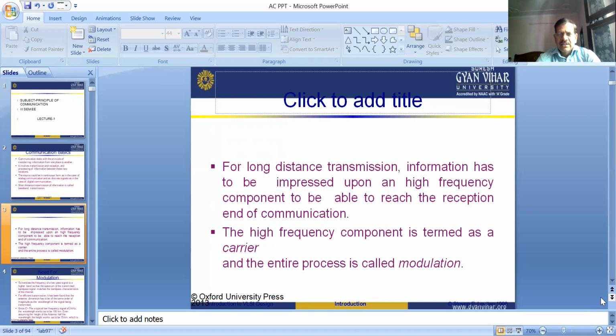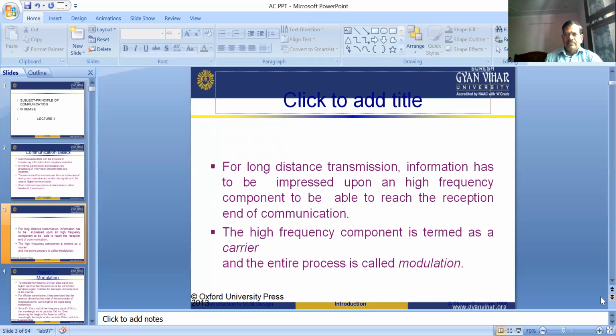Next, where the signal is received, that part is called demodulation, the receiver part. So the modulation or transmission, and the receiver or demodulation, is the same process.